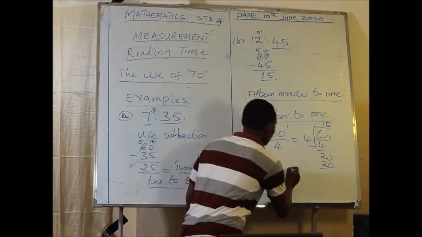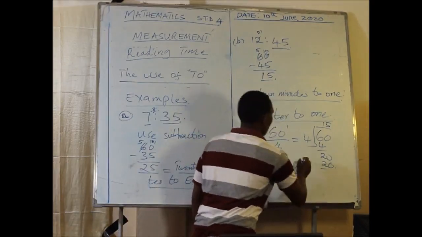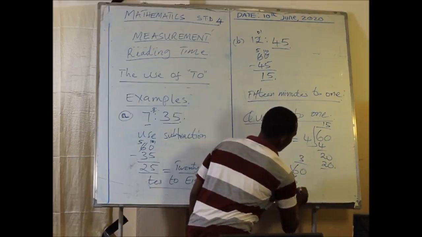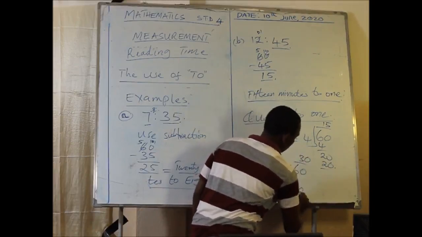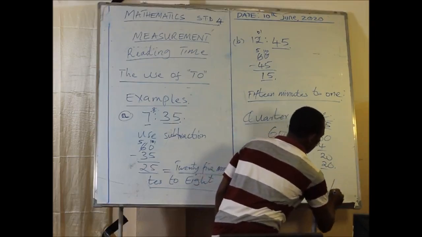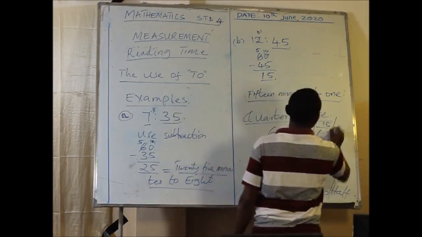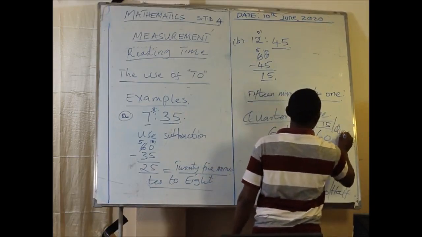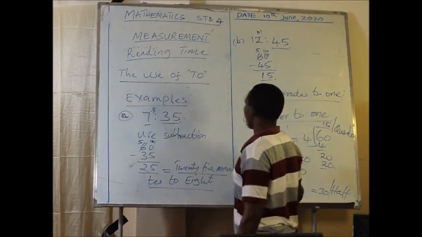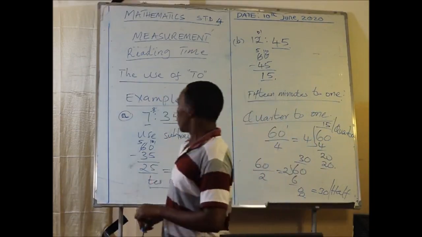So when you take 60 and divide by 2, you will get 30, which is equal to half an hour. And this one is a quarter of an hour. So that is how we can do.